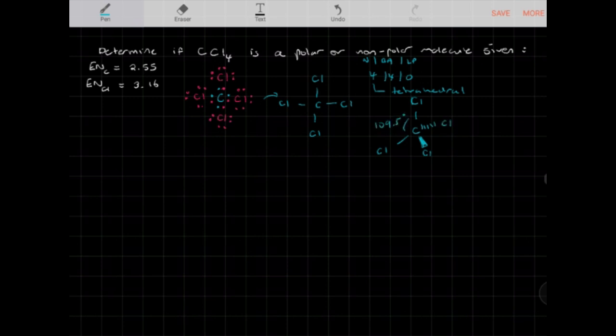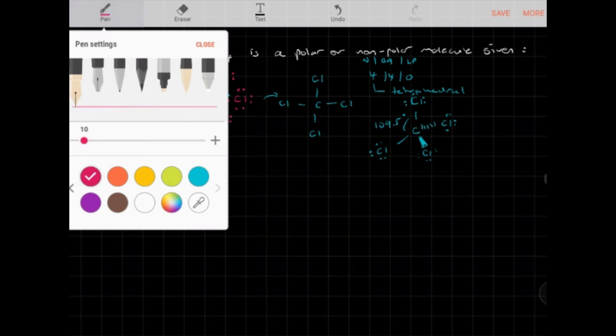Okay, so now that we understand this, you can imagine that all of these atoms have valence electrons, but we're only focusing on the valence electrons on the central atom. Because they have 4 of the same bonds, we just have to test one of them. So I'm just going to test this bond here.